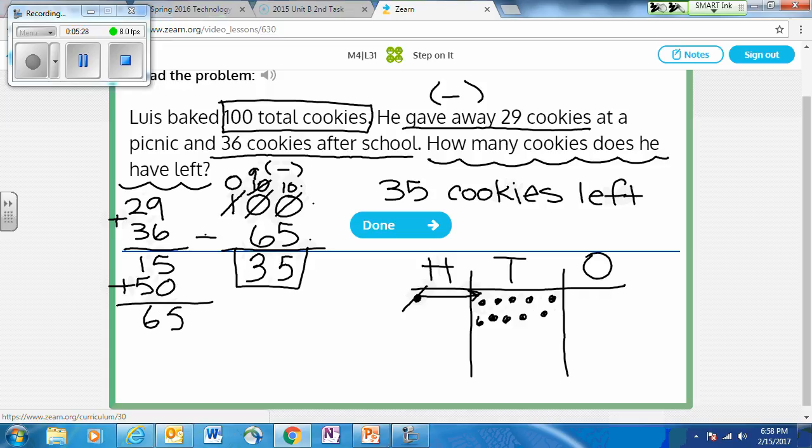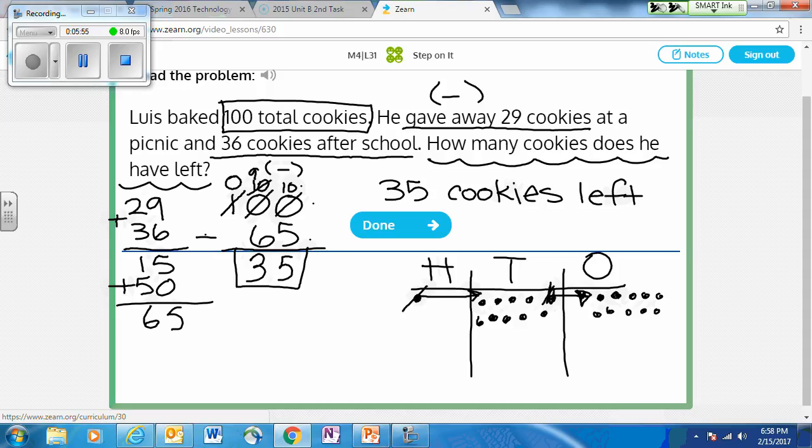I cannot take 5 away from 0. I have to move a 10 across to the 1 section. Now I have to have 10 ones. Okay, I've got 10 ones, and I've got my 10 crossed out. That didn't line up very well, did it?